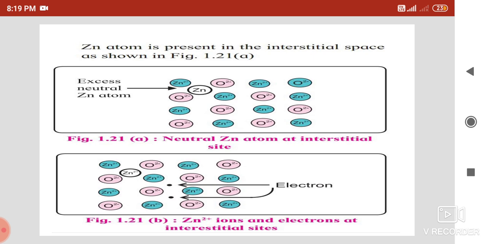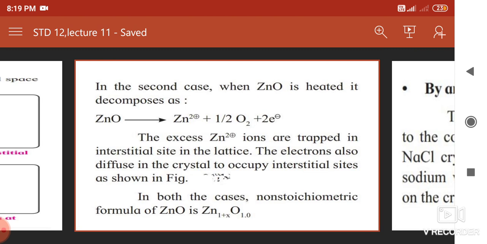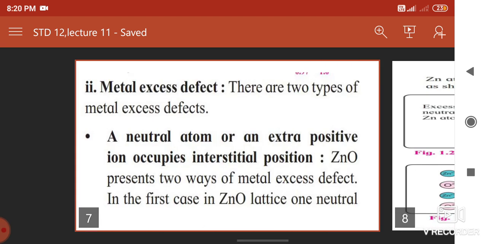If you see the second figure, zinc oxide is heated and then Zn2+ ions are formed. These cations are trapped in the interstitial site.